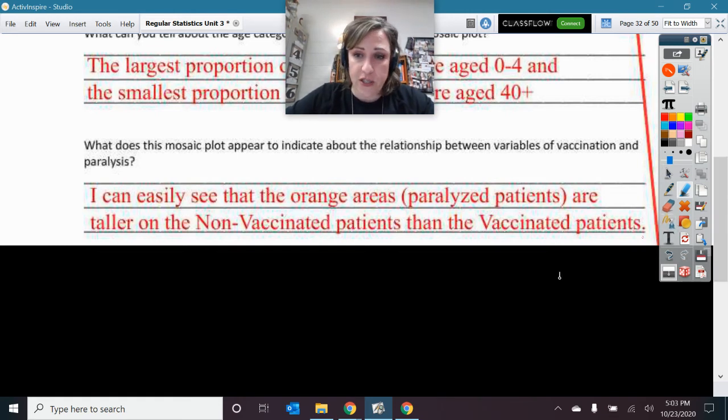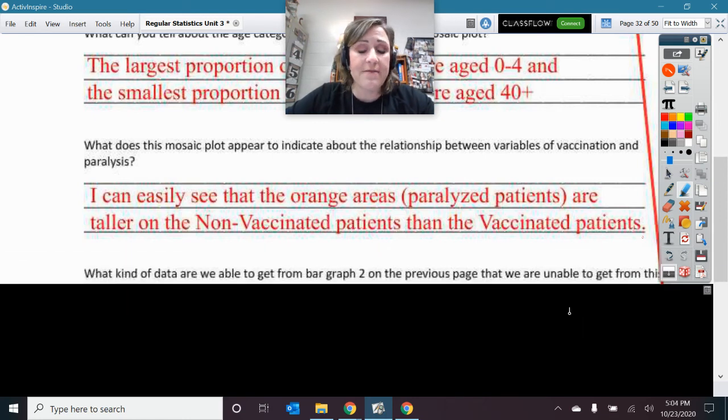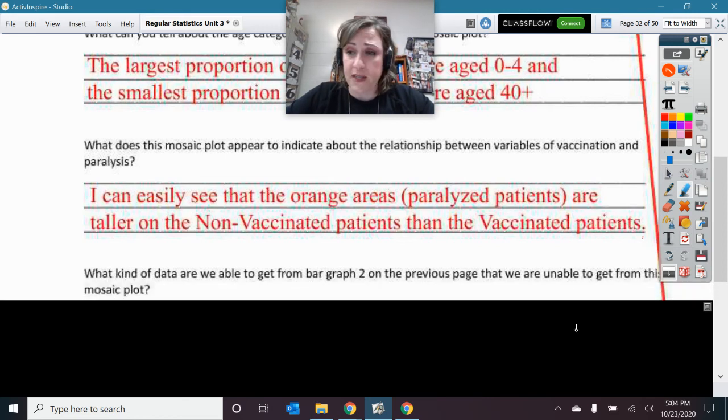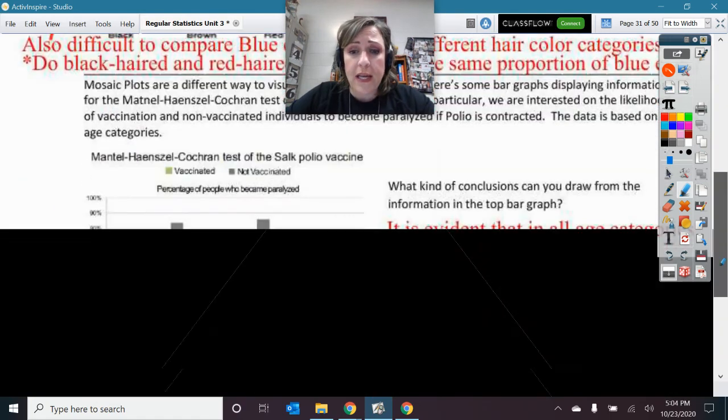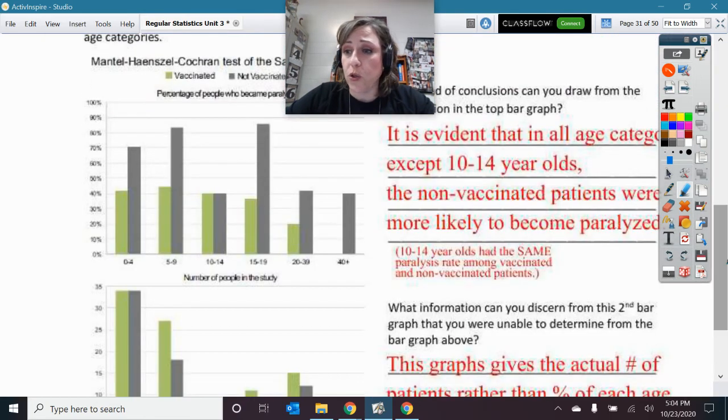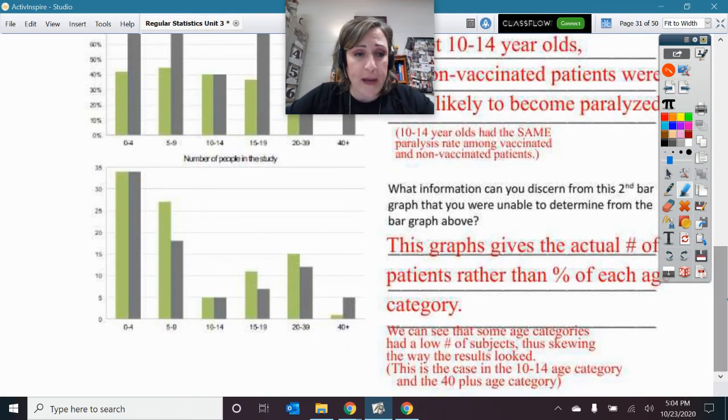All right, next question. What kind of data are we able to get from bar graph 2 on the previous page that we are unable to get from this? Well, let's see. On bar graph 2, it told us the actual number of patients. We could see there were 34 in each group in the 0 to 4-year-olds. So we were able to get the specific counts.